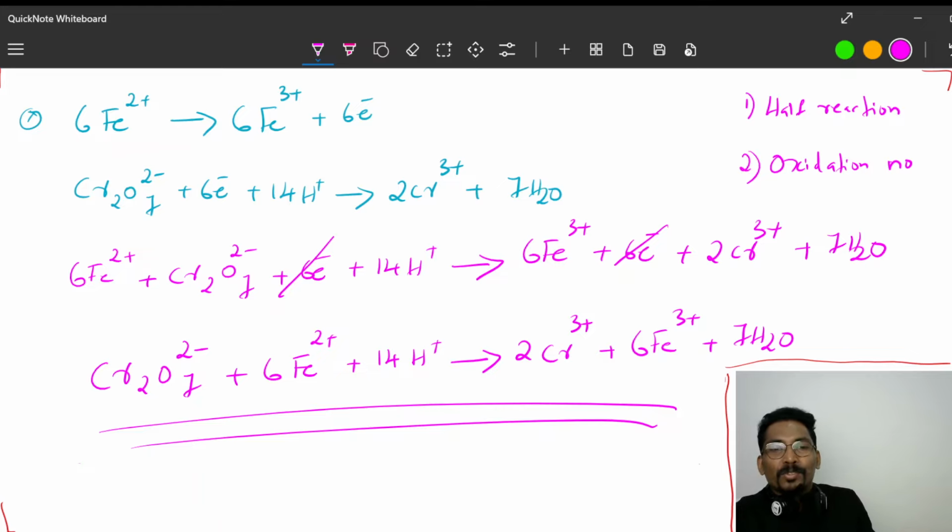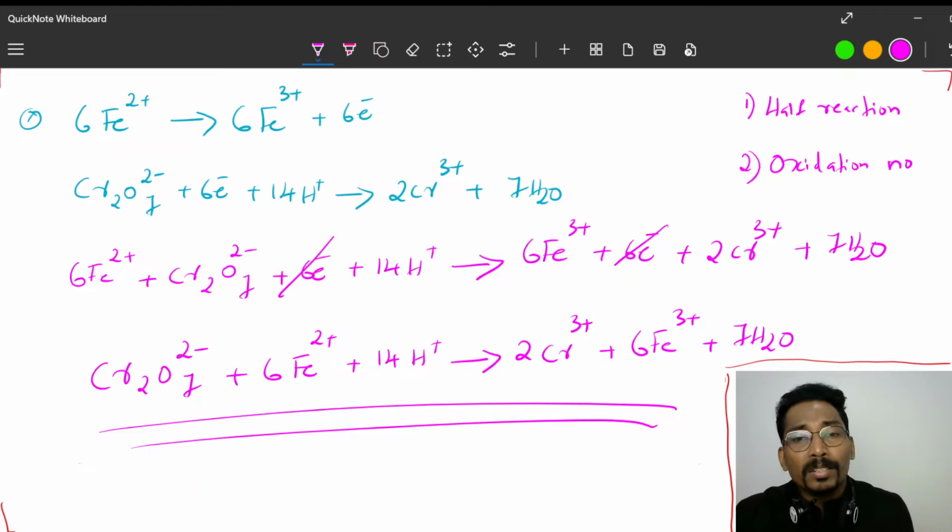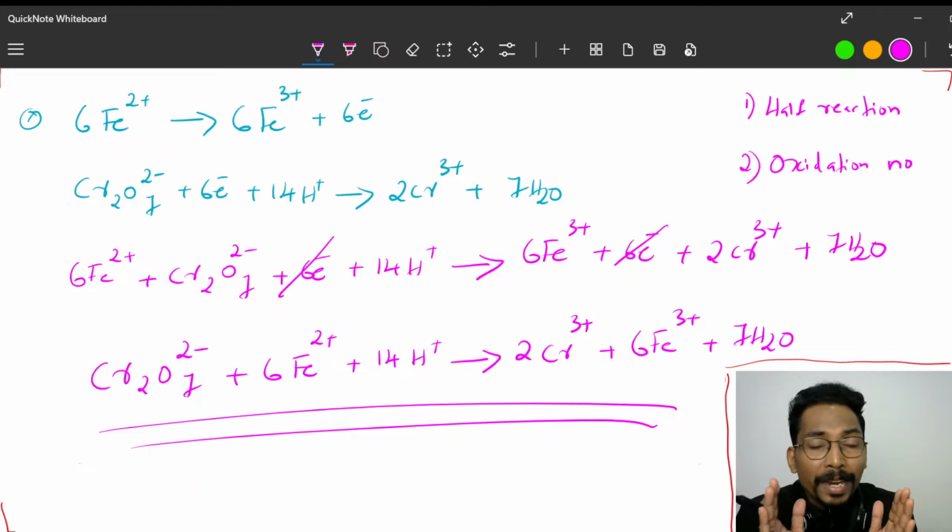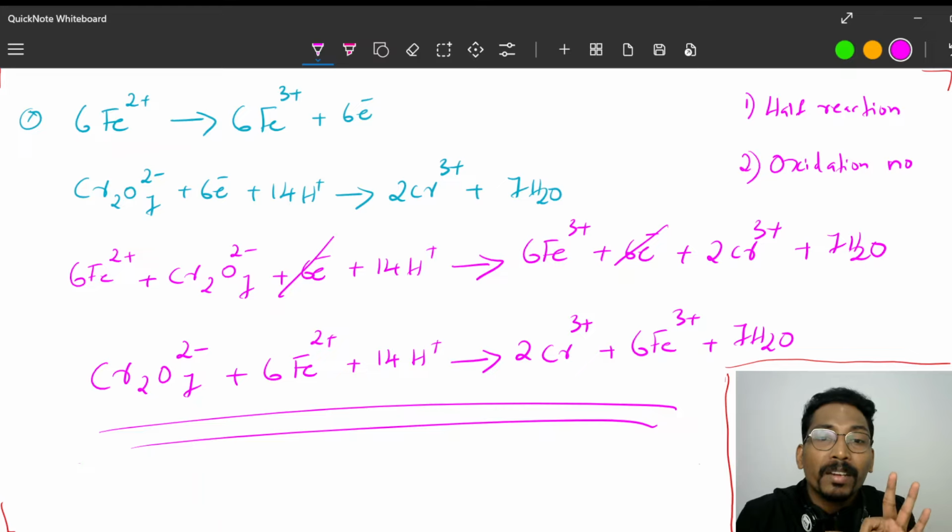You have to follow certain rules, otherwise it is just like balancing a normal equation. I'm repeating again, the very important thing in this topic is calculation of oxidation number. Then identifying the oxidation reaction and reduction reaction is very important.